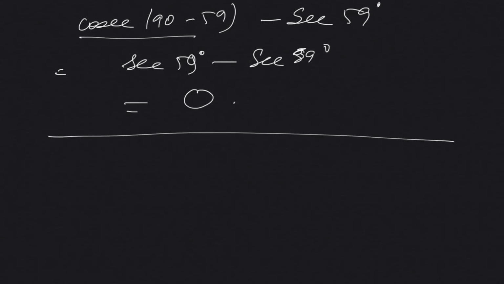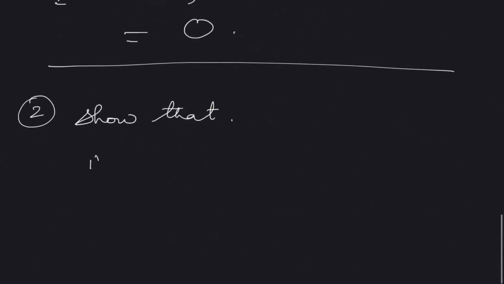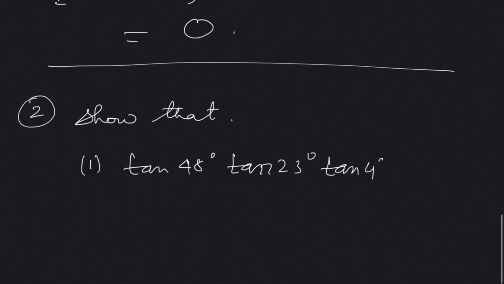We can even go to question 2. Show that, number 1: tan 48 degrees, tan 23 degrees, tan 42 degrees, tan 67 degrees equals 1. Okay, so we can make it left hand side, right hand side, and then we should be able to solve this.